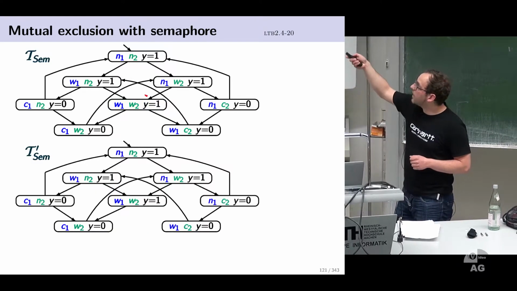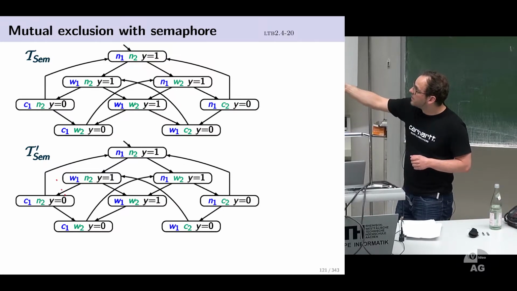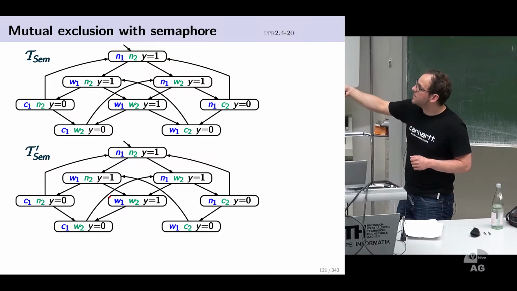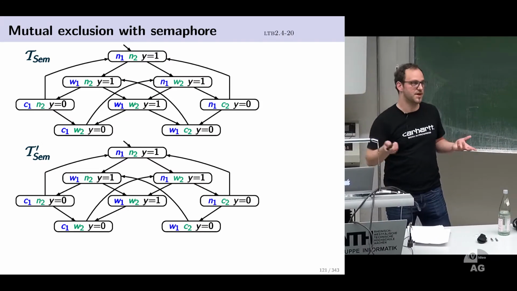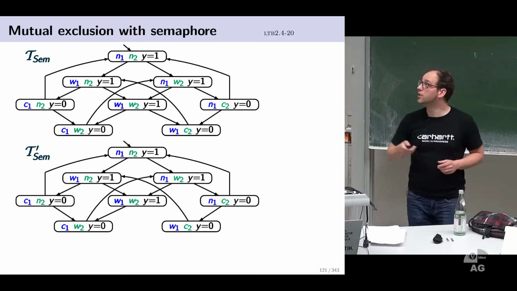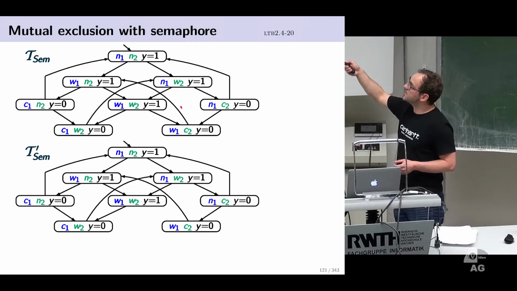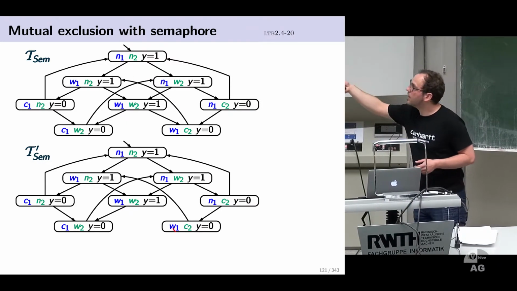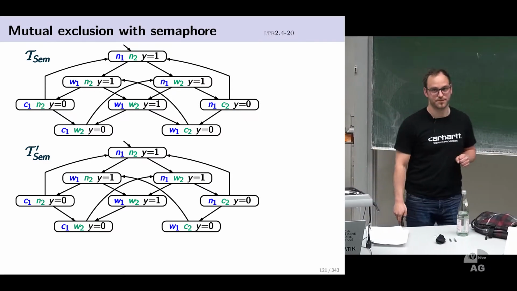Then clearly you arrive at a transition system, if you delete this edge, that looks like this. And it's clear that the traces of this transition system are fully included in the traces of the upper transition system. So you know by the theorem, if the first one satisfies an LT property E, then also your more refined one will satisfy the same LT property E.